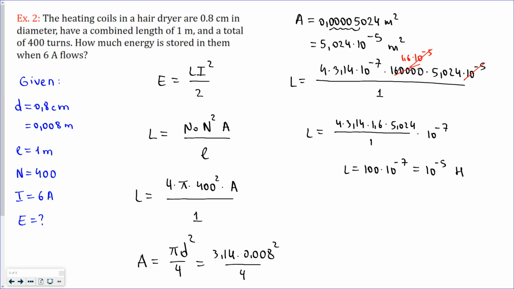Now we put this into the equation for the energy and find the final answer.